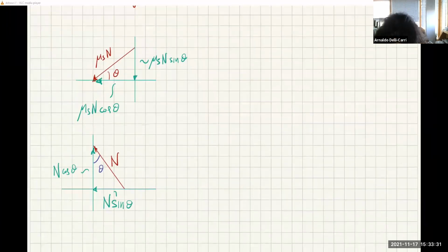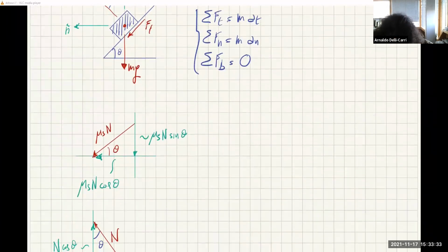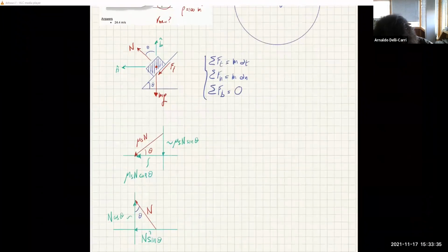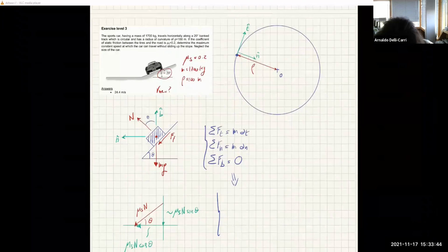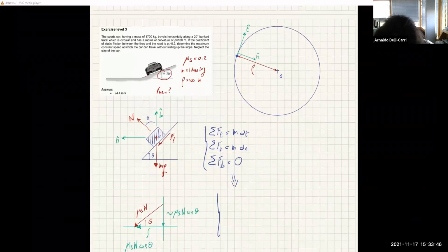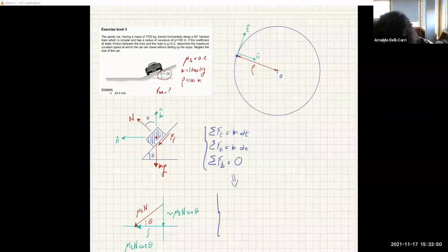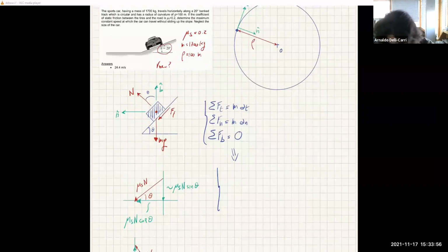All right. So now that we have everything, we can just solve. Let's explicitate the equation. So from here, there are no forces along t because it's not accelerating. Since we have no forces along t, let's say 0 equals 0.